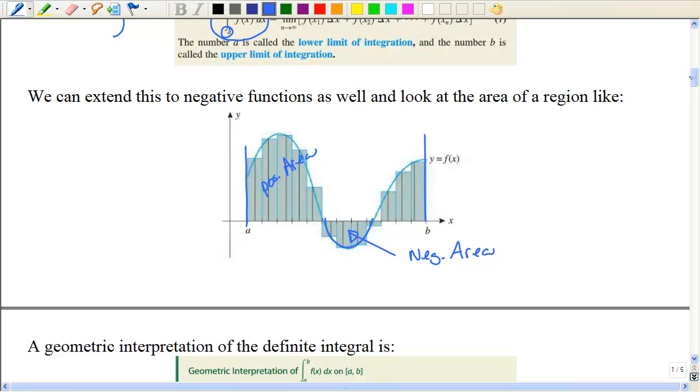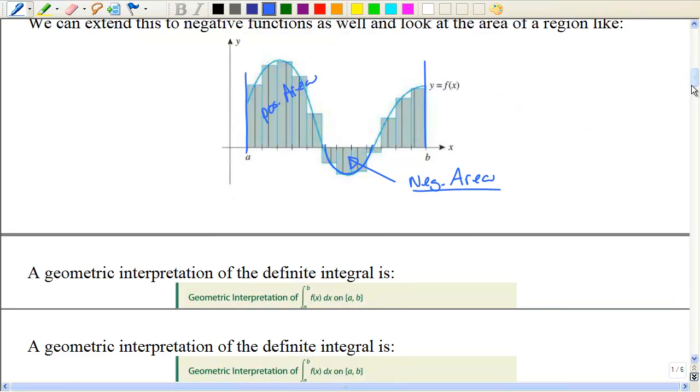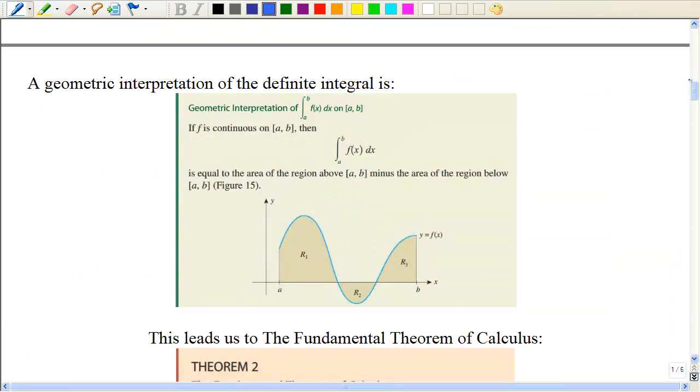But just because of the graphical representation, we can sometimes look at that as a negative area. And so this definite integral from a to b gives us the geometric representation. So if we were to add these regions, meaning R1, but we would subtract R2 plus R3, that would give us the area bounded by f of x between the vertical lines of a and b.